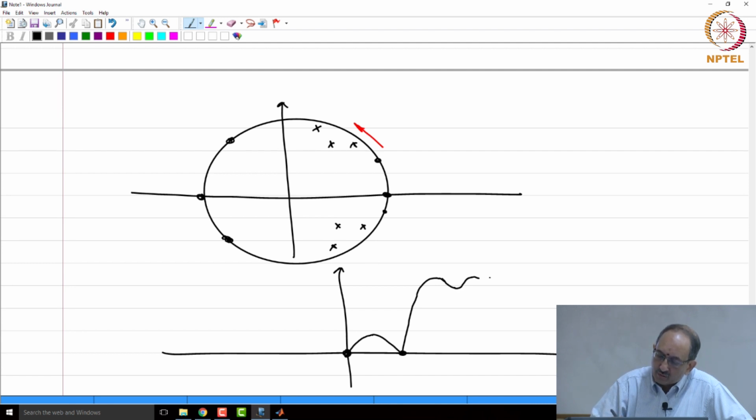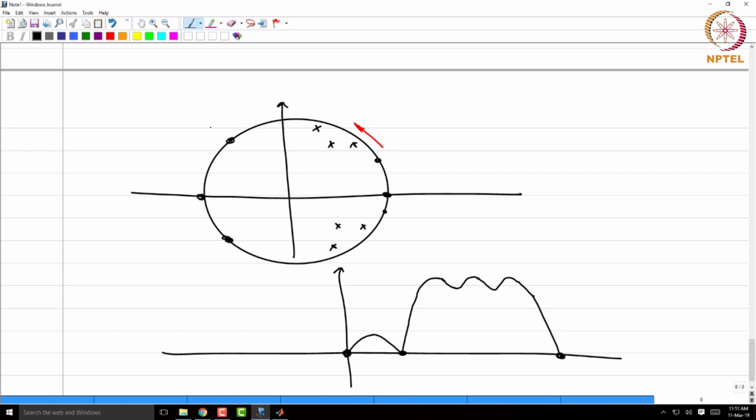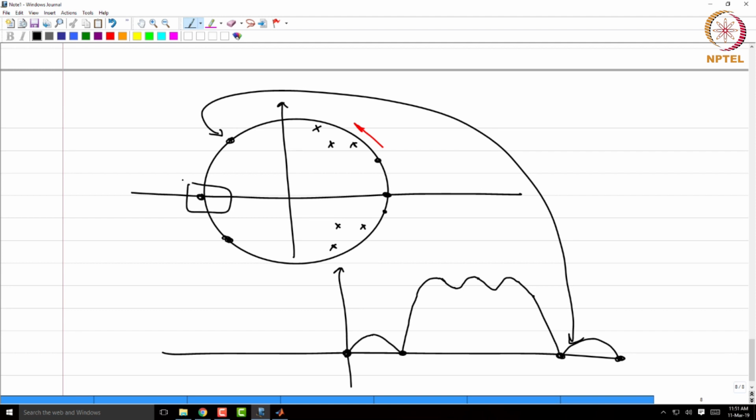So, this pole will cause this bump. Similarly, the third pole will cause this bump, and then when you go past this pole here, the response will start to come down, and when you hit this zero, so this zero on the unit circle corresponds to this, and then the next zero corresponds to this, and this is a band pass filter.